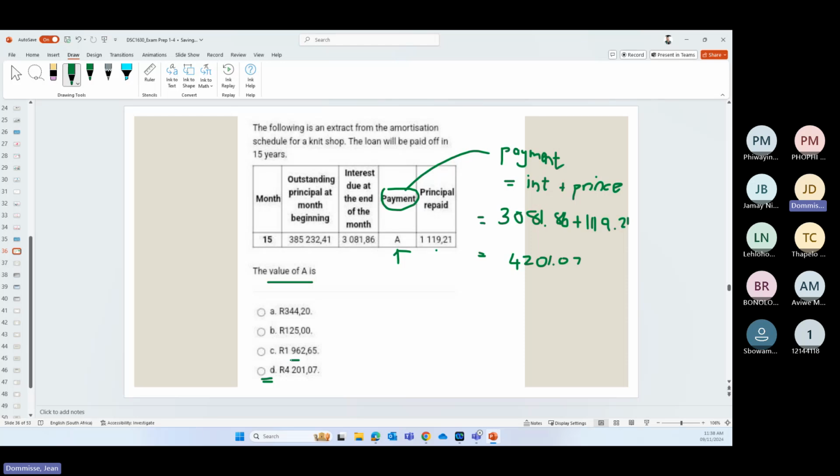Be careful, if you make that mistake of thinking the payment is the two subtracted, there is unfortunately an answer for you as well. So this one is not a difficult one, but it makes sure that you know, without any information that you could work out with your calculator, how to get to a payment.